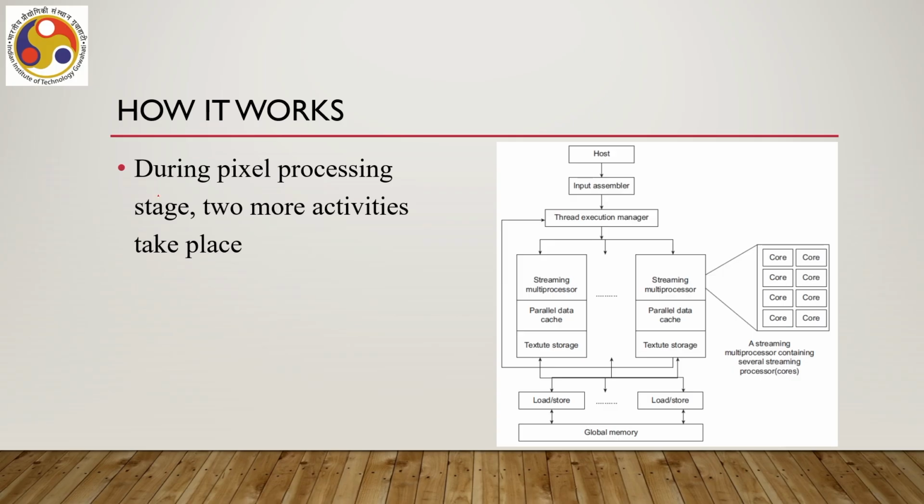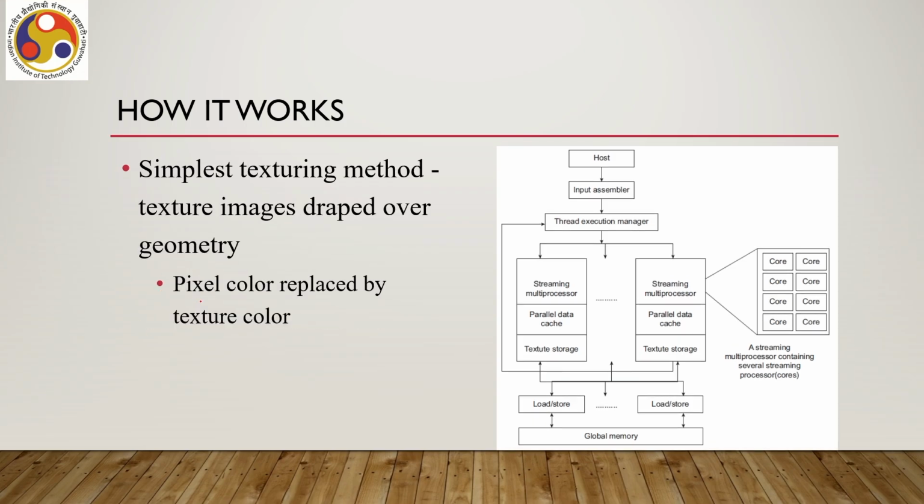Now, during the pixel processing stage, two more activities take place: surface texturing and hidden surface removal. The simplest texturing method is to apply texture images that are already captured and stored on the geometry that we are trying to render. That means we simply replace the computed color with the color of the corresponding texture point.